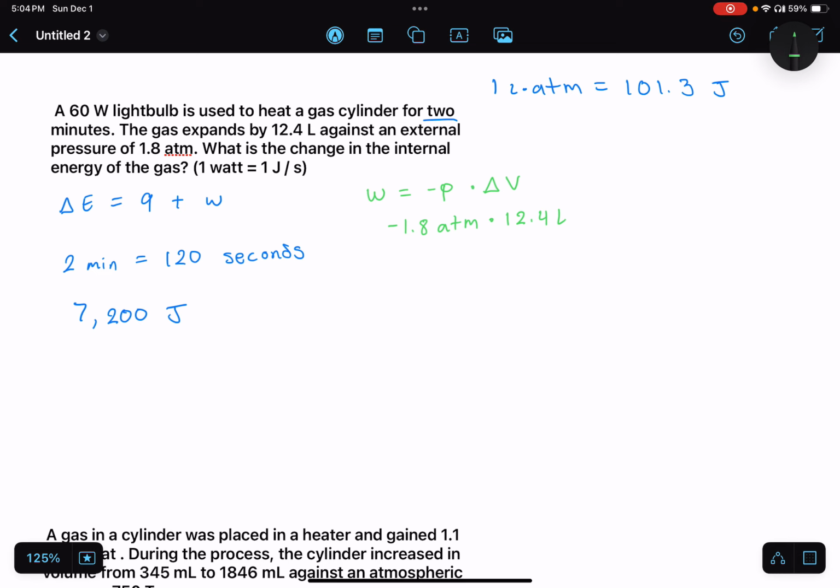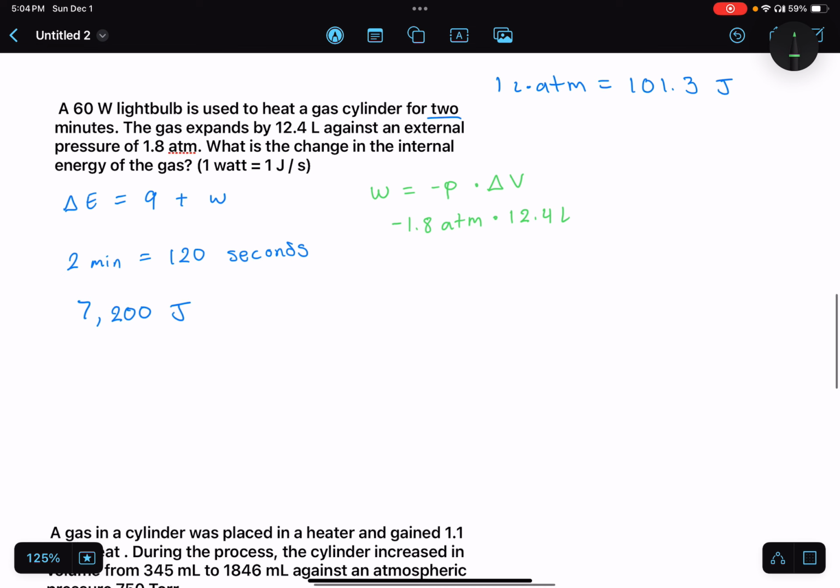So 12.4 times negative 1.8 atmospheres, it's part of the formula for it to be negative, gives negative 22.32.